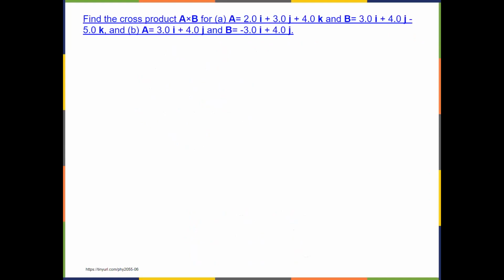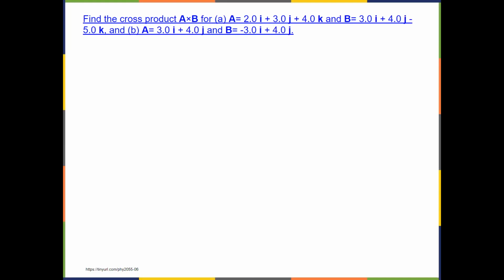Now let's have some exercise here. The first one says find the cross product A cross B for the two vectors, A being 2.0 i plus 3.0 j plus 4.0 k, and B vector being 3.0 i, 4.0 j minus 5.0 k, okay?